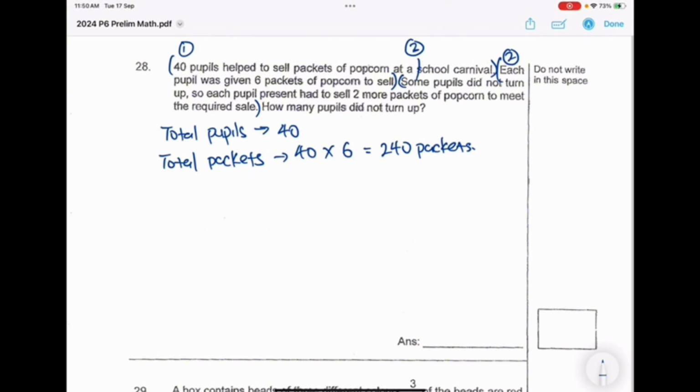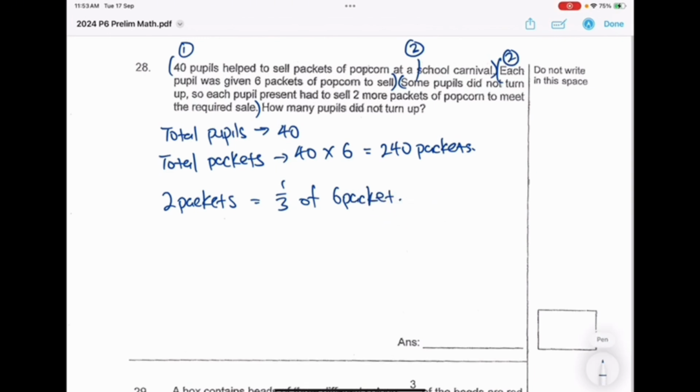When some of the pupils did not show up, those who went had to sell 2 more packets of popcorn. 2 packets is actually 1/3 of the original 6 packets that they were supposed to sell. What this means is that for every 1 pupil that did not show up, 3 other pupils had to split the 6 into 3 twos.